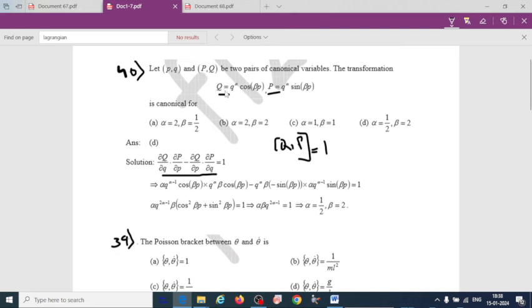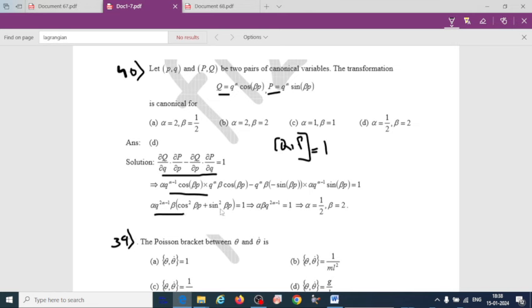They have given this capital Q and P. Substitute these values in this differential equation. After evaluating, taking the differentiation with respect to small q and small p, you will have this equation.